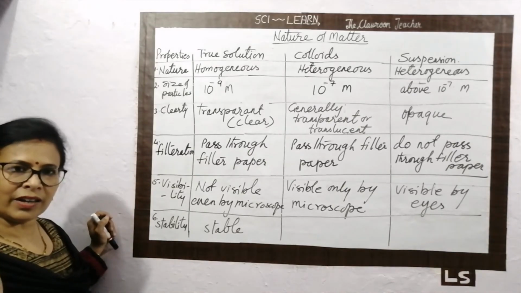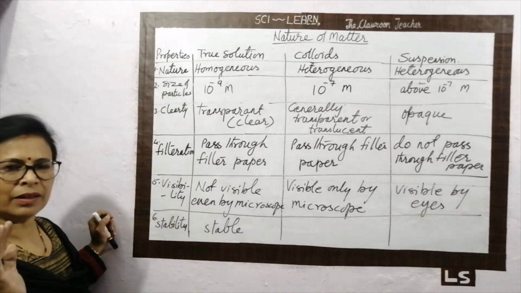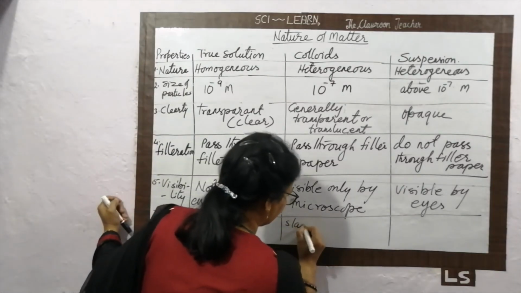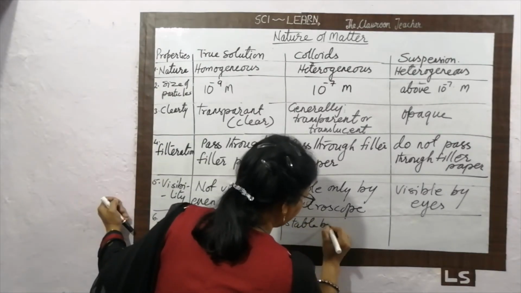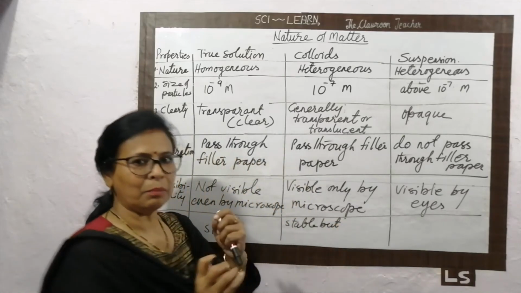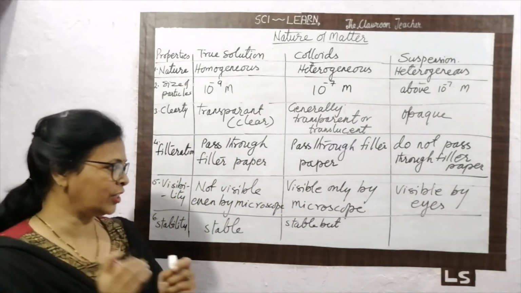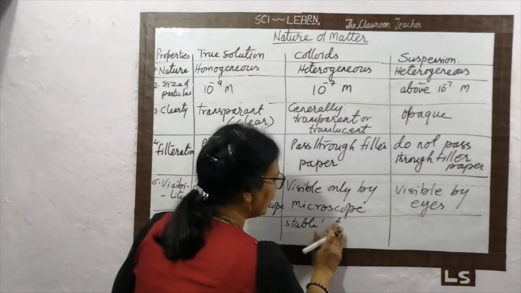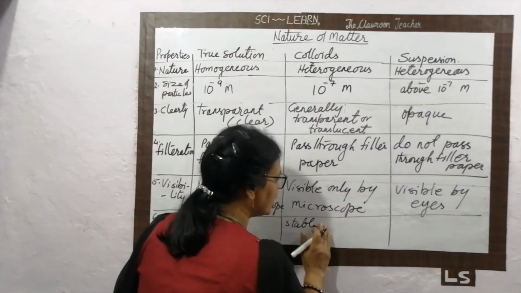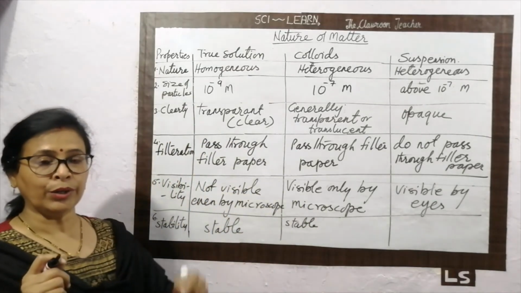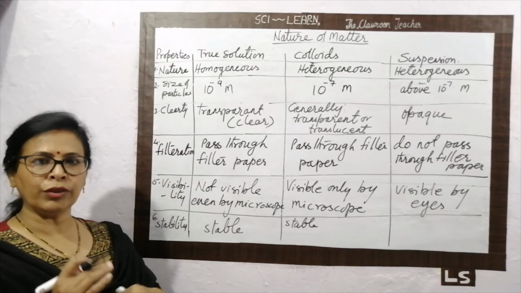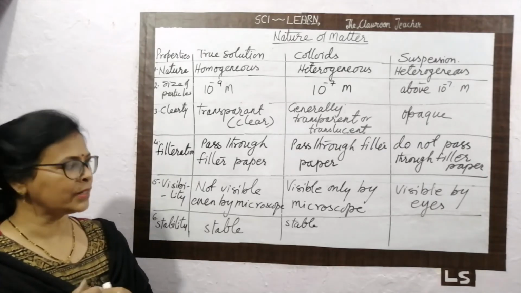It means it is stable, but the stability must be differentiated by one process that is called centrifugation. I already told you, your mother is able to remove the butter from the milk, and the removing of butter from the milk is called centrifugation.